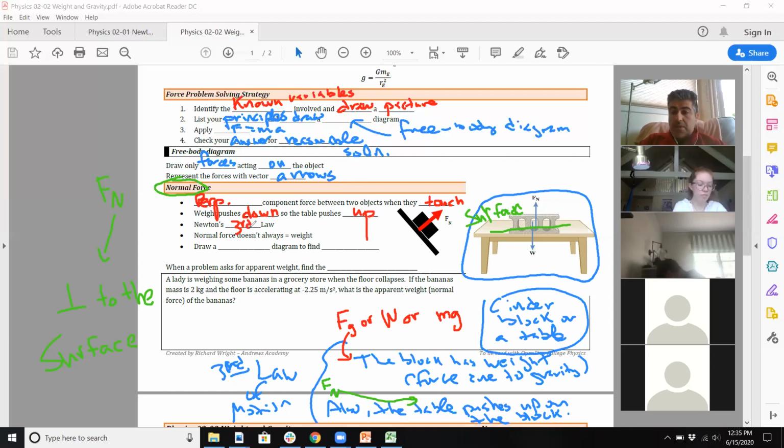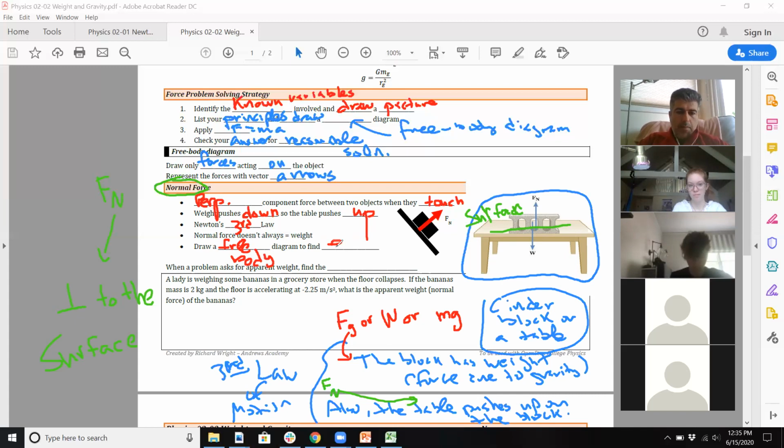Normal force doesn't always equal the weight, mind you. It's just sometimes they do. But you draw a free body diagram to help you find an equation for this.